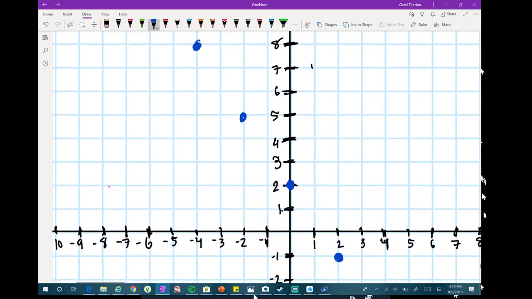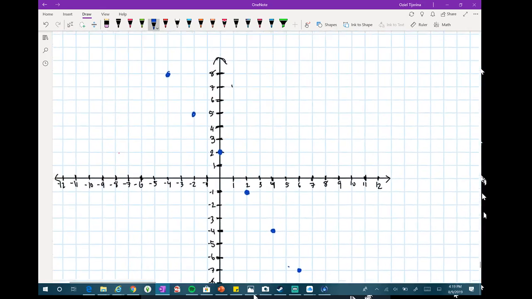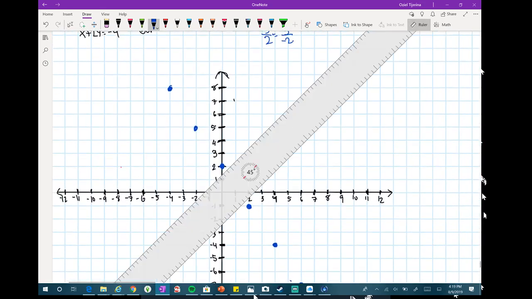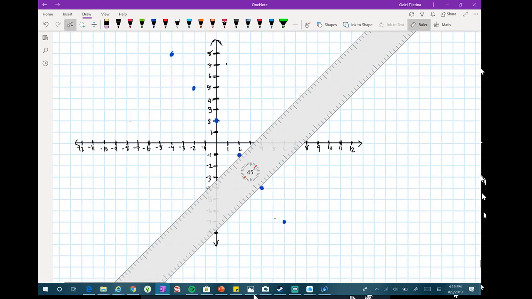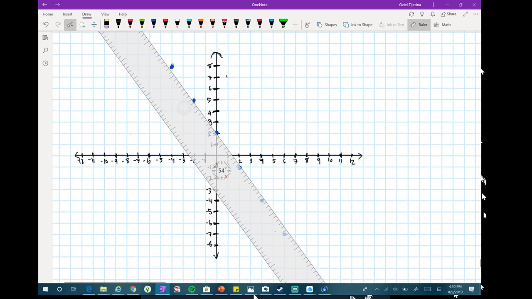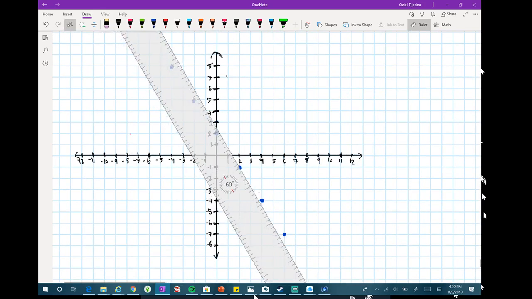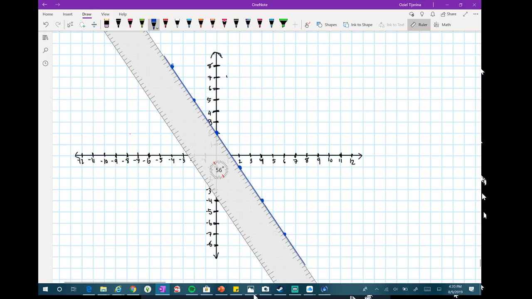Once you're done with that, you can go ahead and trace it. So you would have something like this as your line.